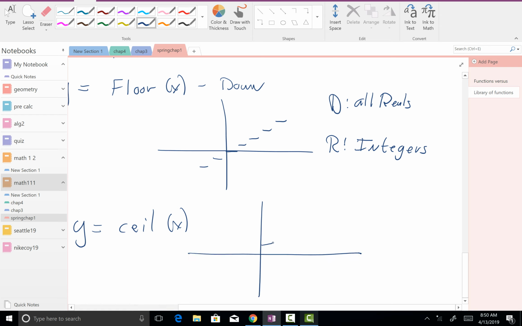And ceiling is going to be more like this. Same thing. Integers.